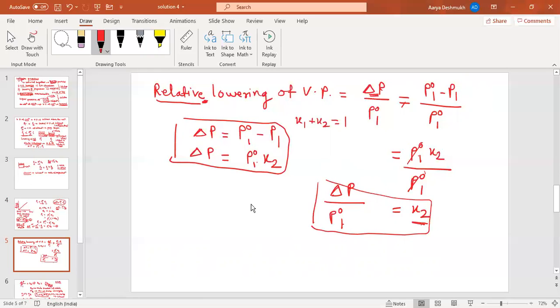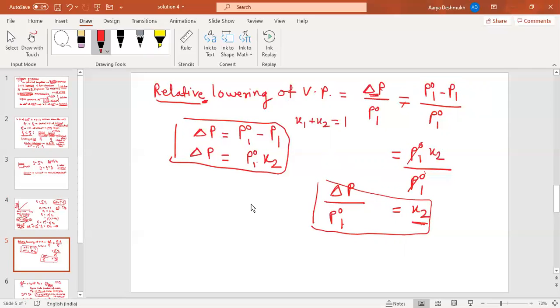So this is nothing but the relative lowering of vapor pressure. This is the lowering of vapor pressure divided by the vapor pressure of the pure solvent, and this is what we call the relative lowering of vapor pressure, isn't it?